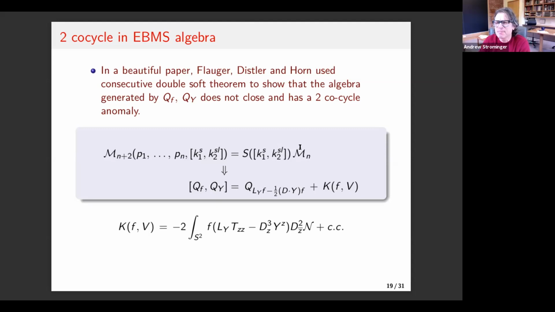Sorry, if I could follow up on Prahar's question. In the celestial formalism where you represent the symmetries by currents, it's not understood.